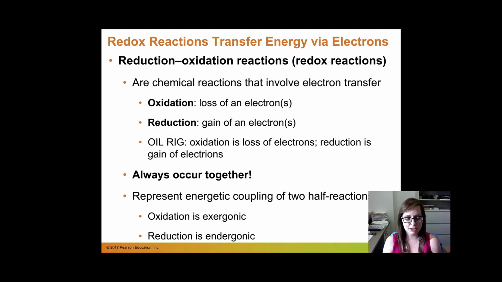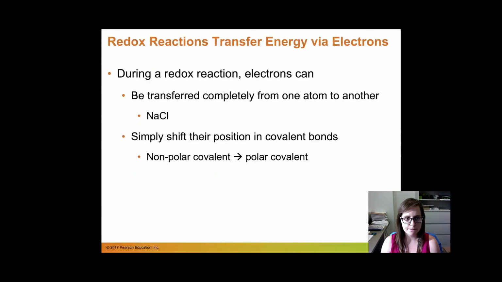As something loses an electron, oxidation, it's exergonic. And reduction, if something gains an electron, is endergonic. So these two reactions paired together can be coupled to allow endergonic reactions to occur.